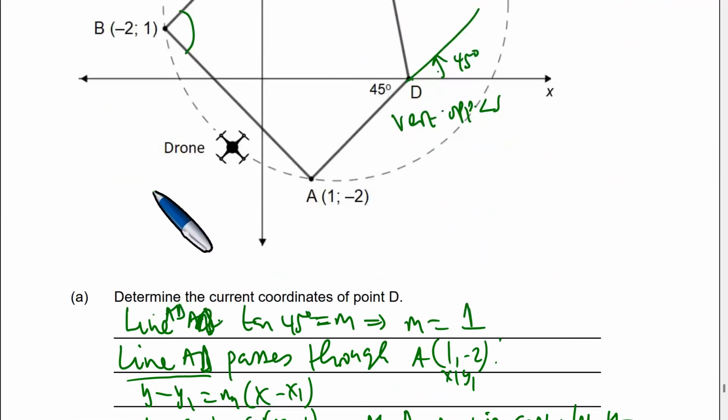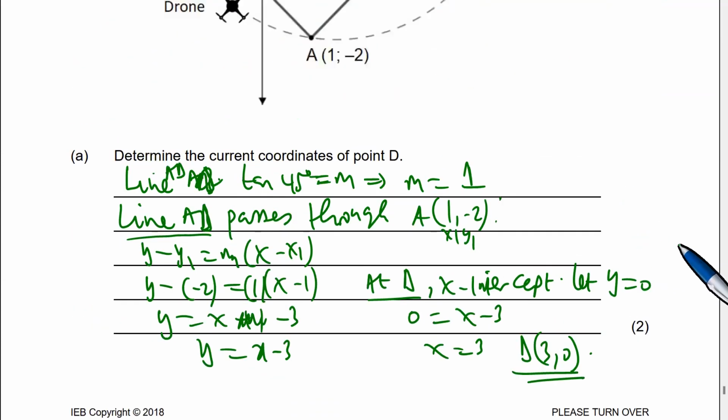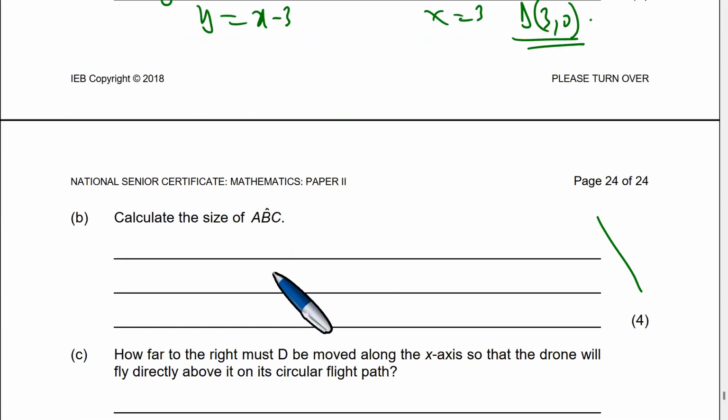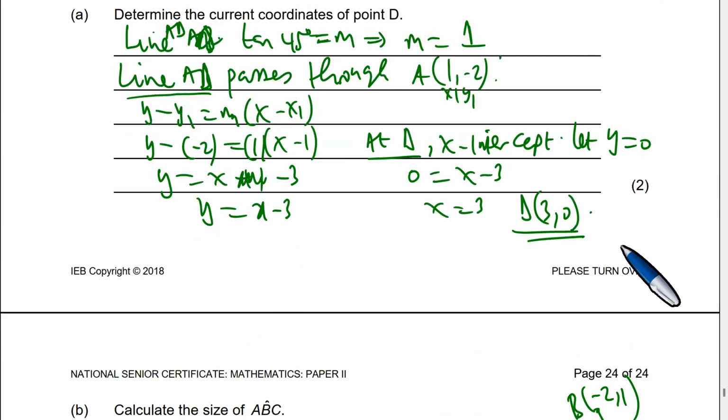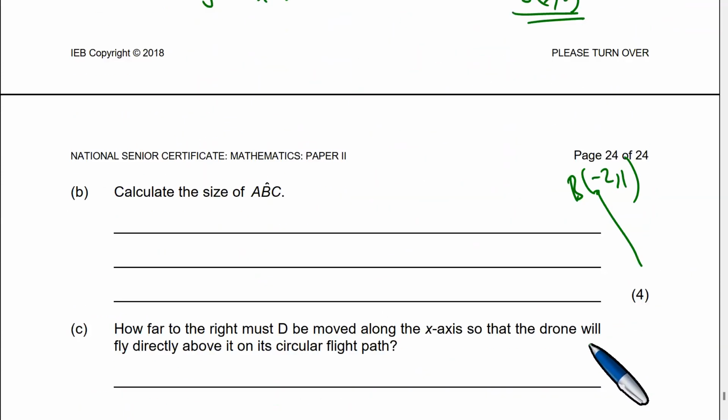So AB, let us see. B is minus 2, 1. A is 1, minus 2.